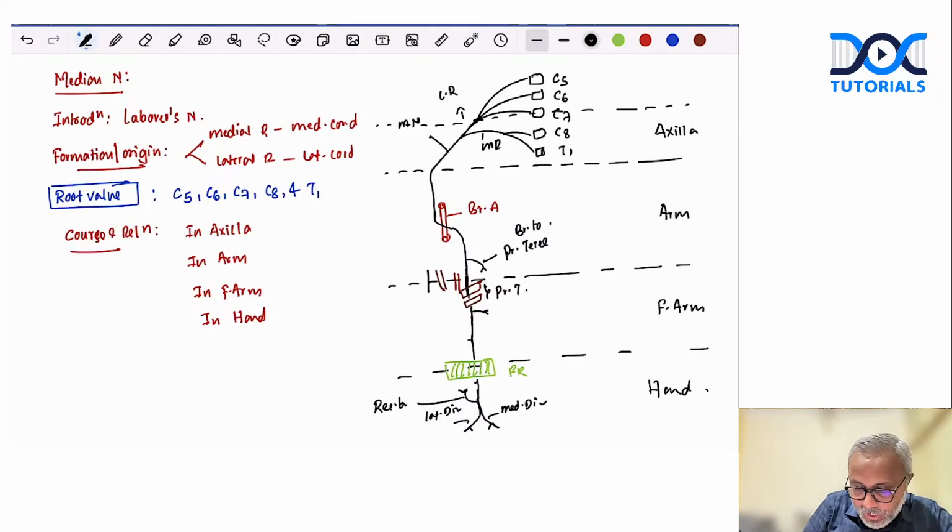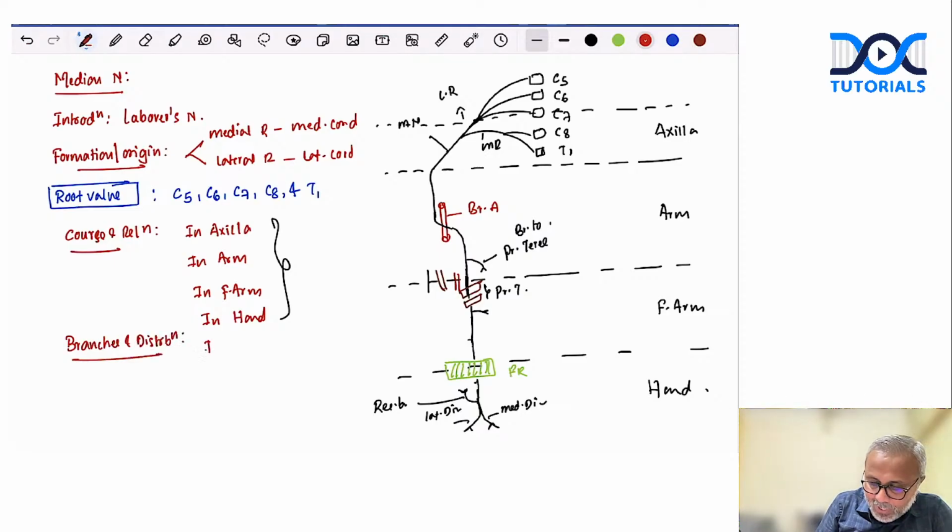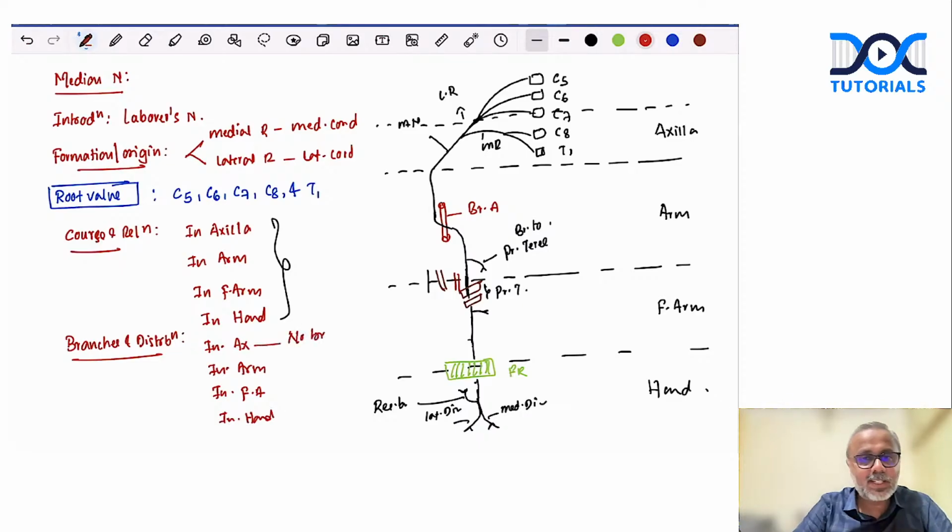But remember, describing it under these headings is a must. You have to. Done? Then the next important thing you would write is to talk about branches and area of distribution. Again, use the same headings: in axilla, in arm, in forearm, and then in hand. Remember, the median nerve will not give any branch in the axilla. Done. That's all you need to write.